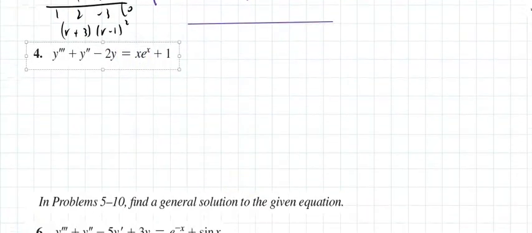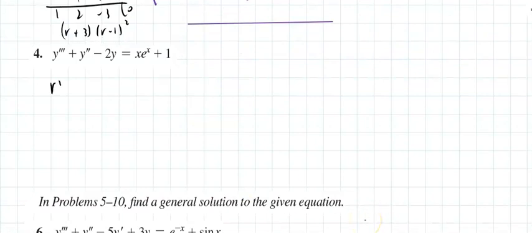Let's do it again. If I let y equal e to the rt, then in this case this would be r cubed plus r squared minus 2. Again, where this is equal to 0, r equal 1 works.